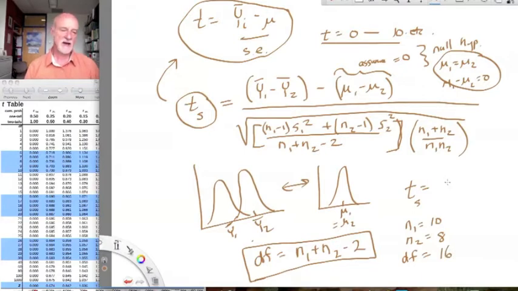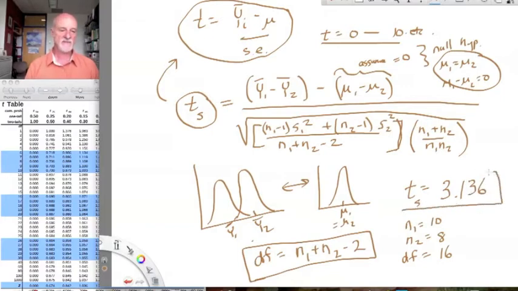Let's say I performed this t-test, I've gotten my difference between means and the sample variances, I've applied this formula, and I've calculated t equals 3.136.